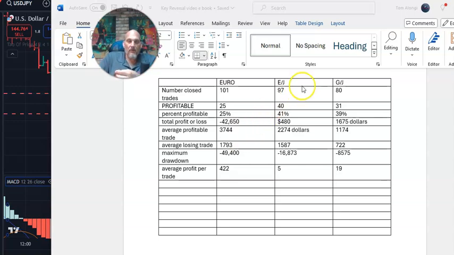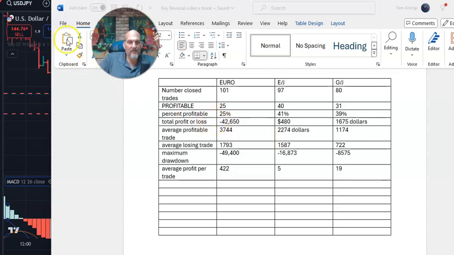However, let's go over Euro yen. 97 trades, 40 were profitable, 41%. Total profit was $480 overall. That I don't understand, this one actually did pretty well. Average profitable trade of 2,274, average losing trade of 1,587.